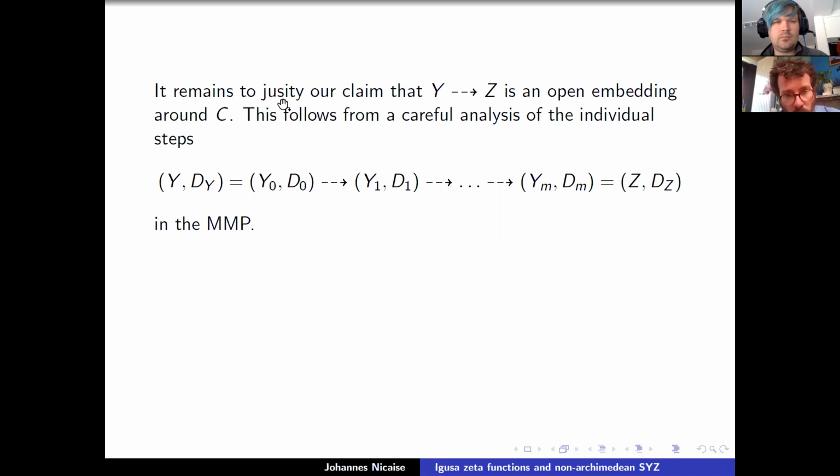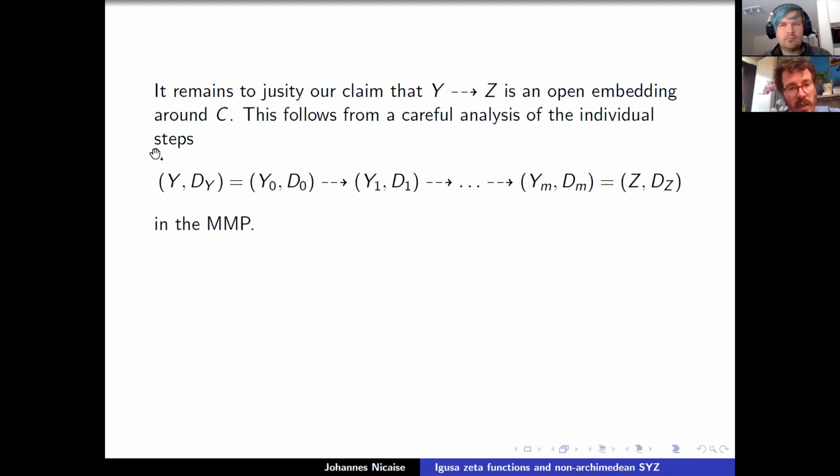So I still need to justify the claim that our MMP, our birational map from Y to Z, was indeed an open embedding locally around the component C. Here we will need a more careful description of the individual steps of the MMP.